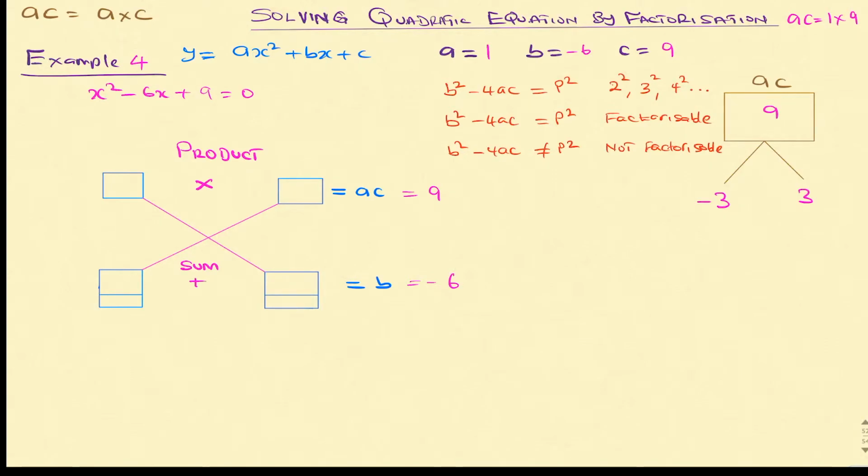But we need to put minus in front of them because minus 3 times minus 3 is plus 9. Minus 3 plus minus 3 is minus 6. In the product side, we put minus 3, minus 3. Product means times. In the sum side, we put minus 3 in the numerator and minus 3.